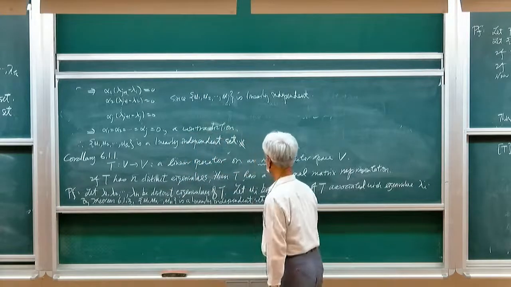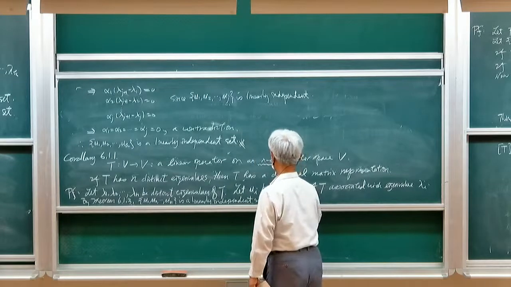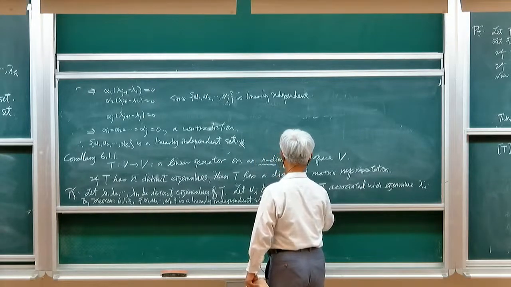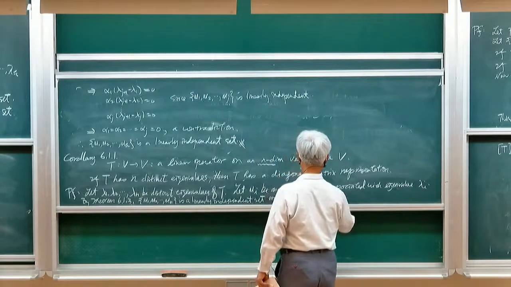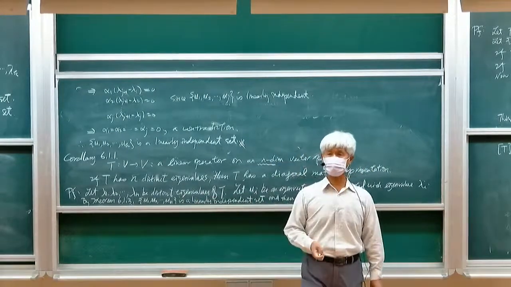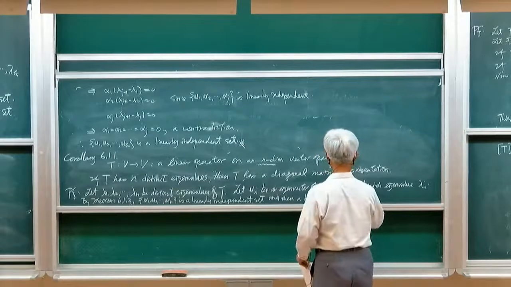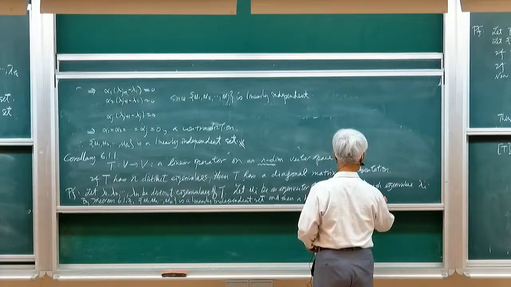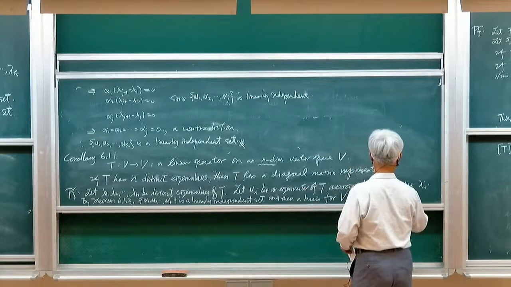Okay, and then it is a basis for V. Why? Because the size of the linearly independent set is n. So this is by theorem 5.2.10.